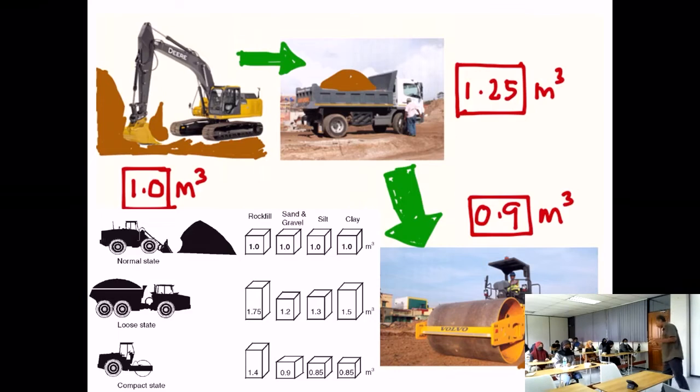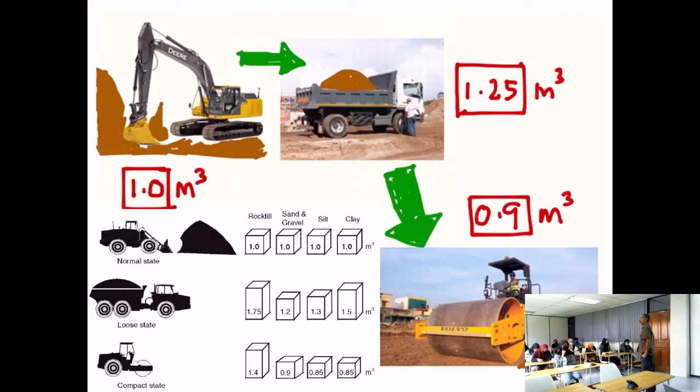And later on, when you bring it to the site and compact it, from 1 it becomes 0.9. So that's the shrinkage factor. Cut 1, fill 0.9 only. If you cut 1 meter cube, you can only occupy your fill space 0.9, 92%.